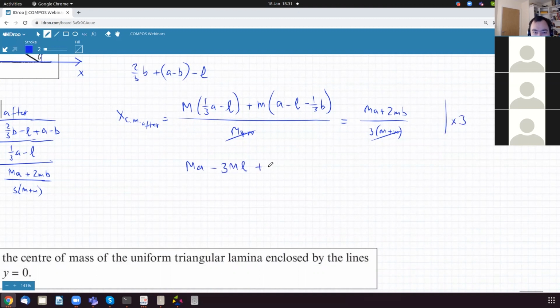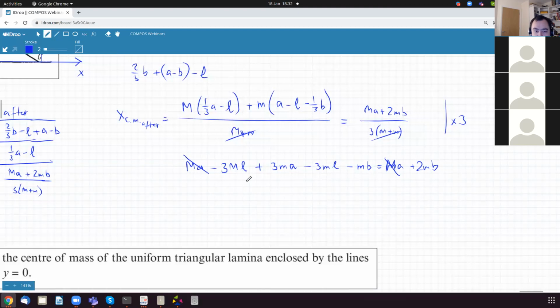ML plus 3MA minus 3ML minus MB equals MA, capital MA, plus 2MB. Yes, perfect. So MA cancels. 2MB becomes 3MB.